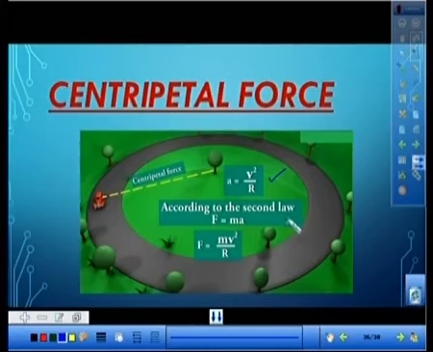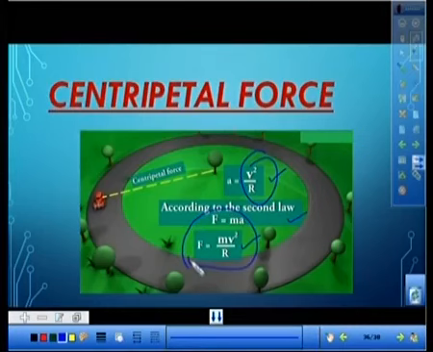I think you all know Newton's second law, F is equal to ma. Just put the value of this acceleration in this equation, then we have the force F is equal to mv squared over r. So this is the value of centripetal force. In this way, you can calculate the value of centripetal force, which is directly proportional to the mass of the body, directly proportional to the velocity squared, but inversely proportional to the radius.